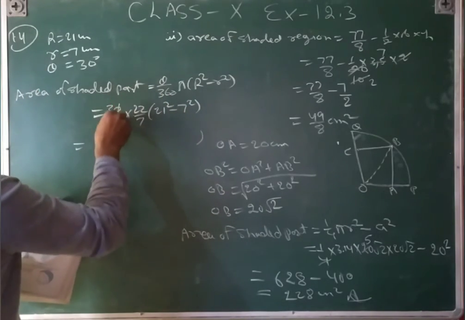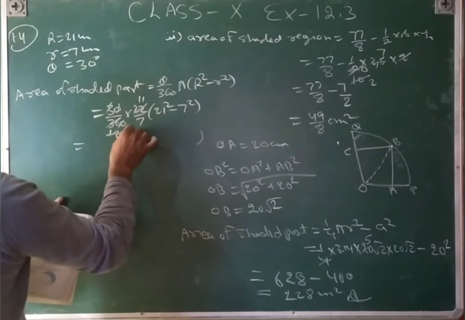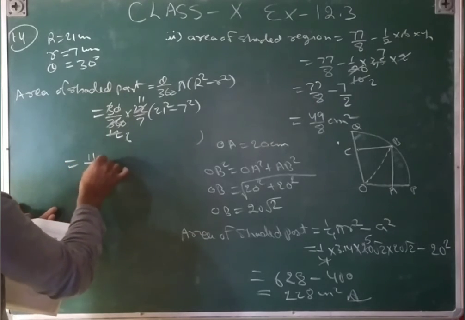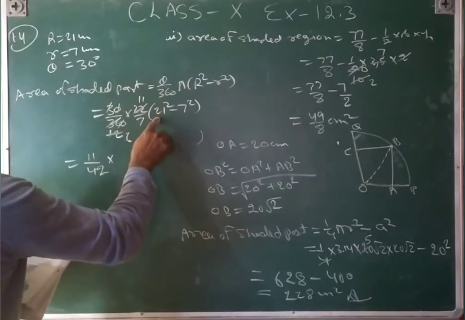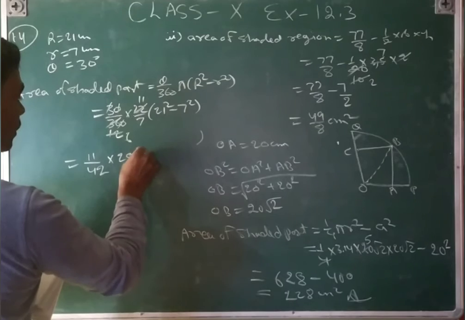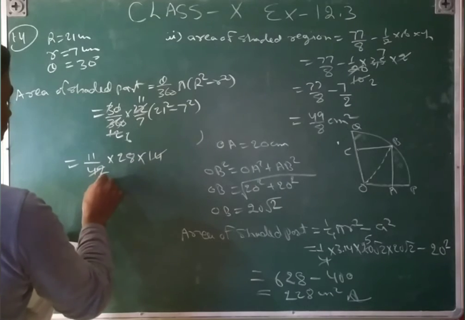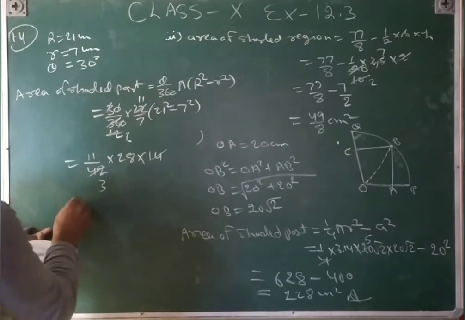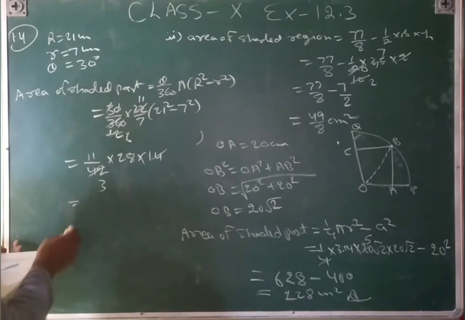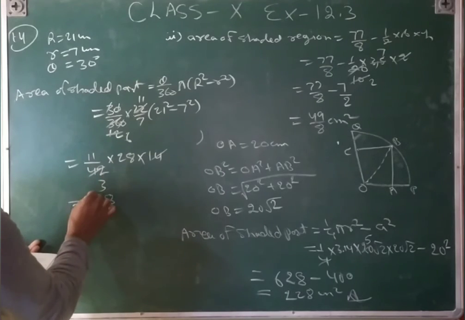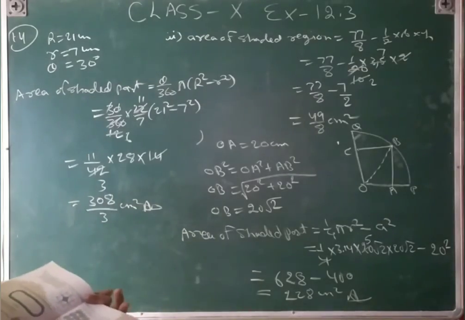Simplifying, 11 upon 6 into 7 into 42, which is 21 plus 7, 28 into 14. By multiplying this, we get 300 upon 3 centimeter square. Answer. And then the next question.